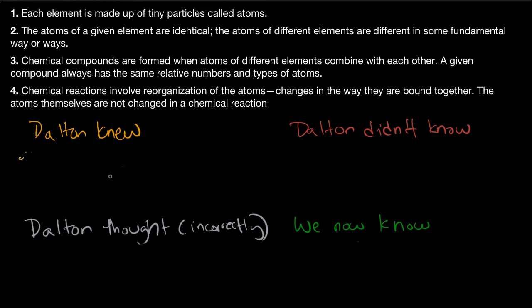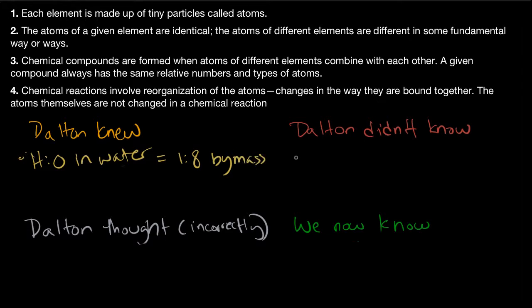So, although the above statements are all true, Dalton was still unable to figure out the correct molecular formula for water. Now, why was that? Well, going in, Dalton knew that the ratio of hydrogen atoms to oxygen atoms in water was 1 to 8 by mass.